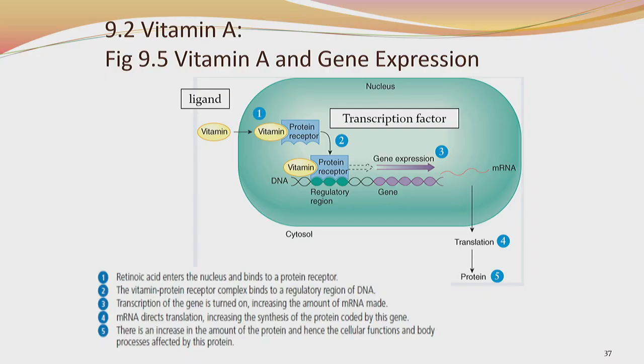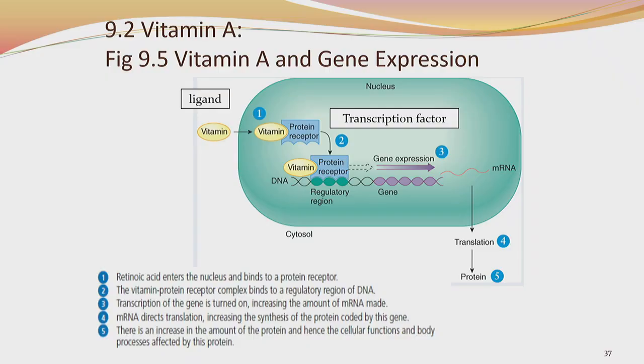Please take a look at your protein synthesis slides again. You have a transfer RNA now pairing up with mRNA with the help of a ribosome. It's at this point that the gene is translated and a protein is produced from this coding of the DNA. And so that is how vitamin A plays that important role, okay?